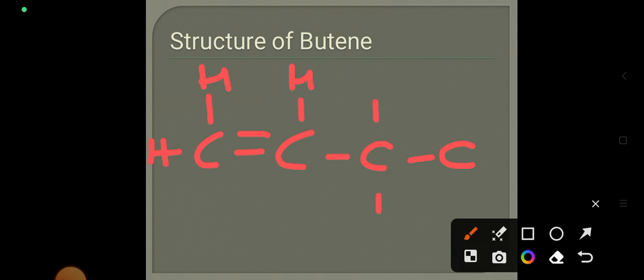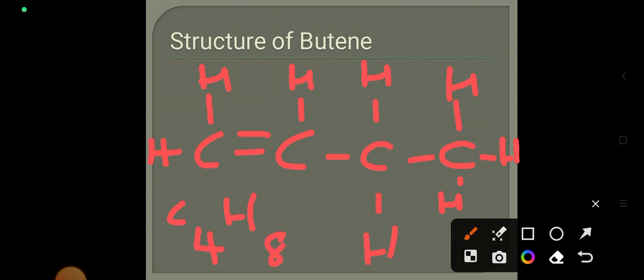Carbon 3 has 2 bonds, so 2 more I'll write to make it 4. And carbon 4 has 1, so I will write 3 bonds to make it 4. With more practice you will understand, and you will also be very quick in writing the structure, whatever type of question they are given. This is the structural formula. The molecular formula will be C4H8.